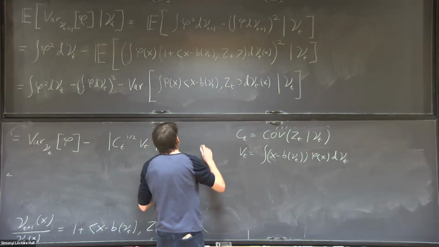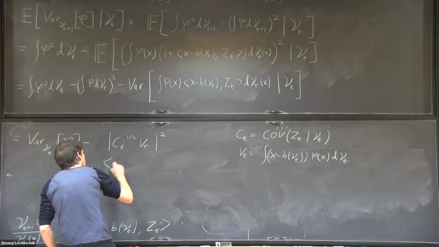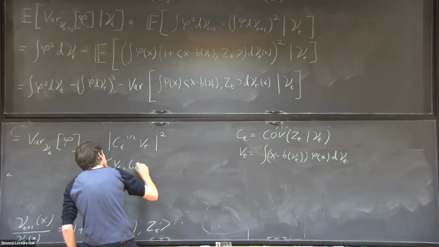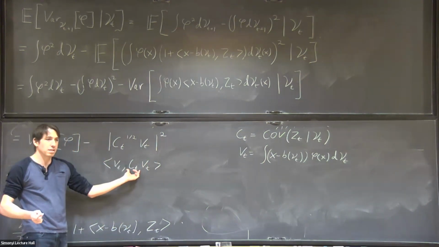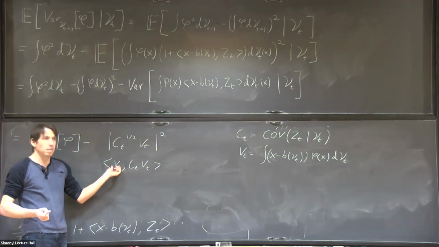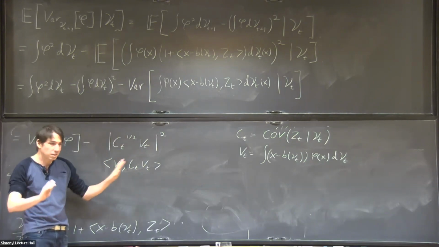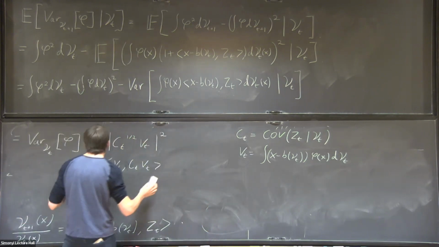So I can write it like this: vt ct vt, which is the variance of zt in the direction vt, and vt is exactly this. I mean, there's really nothing happening here, but I'm doing it slowly.